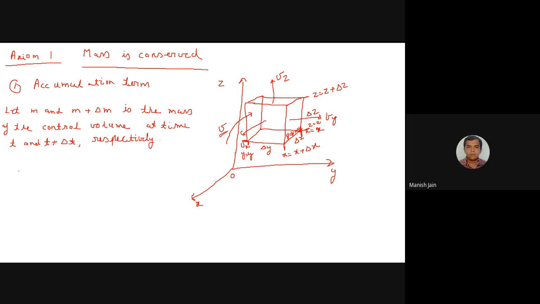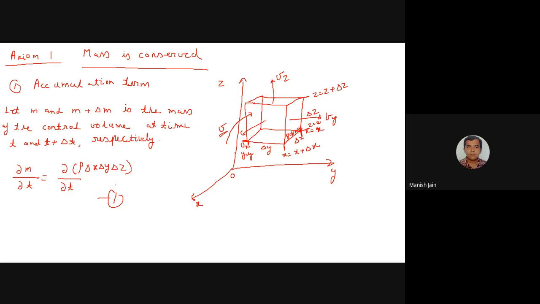Then you can say del m divided by del t should be equal to del by del t of rho delta x delta y delta z. Basically, mass equal to density multiplied by volume. So volume is delta x, delta y, delta z. So this is equation number 1.